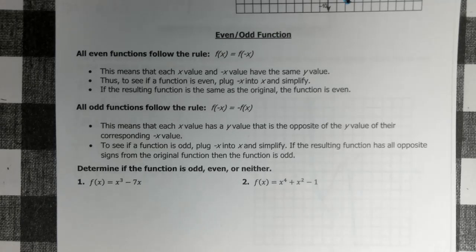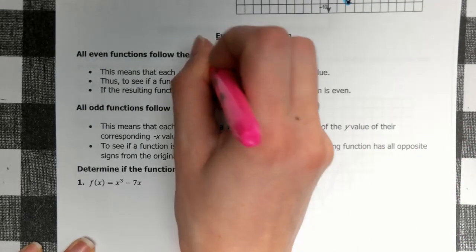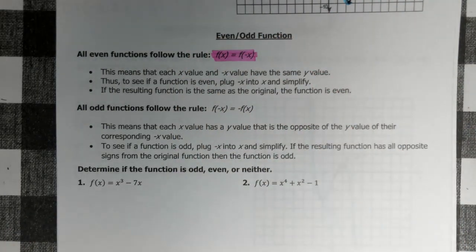An even function would be perfectly symmetric along the y-axis. So what that means is if I take each x value and make them negative, all the y values are the same. So f of x equals f of negative x is the statement that makes it even.